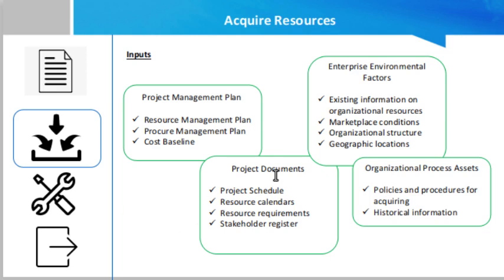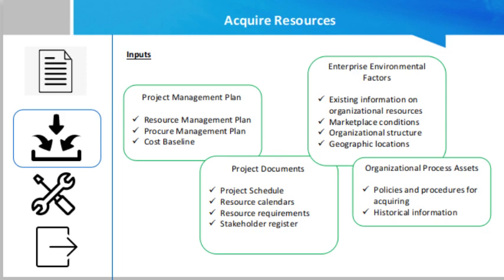Then project documents, which include the project schedule, which shows the activities and their planned start and end dates to help determine when the resources need to be available and acquired. Then resource calendars. Resource calendars document the time periods that each resource needed for the project is available.